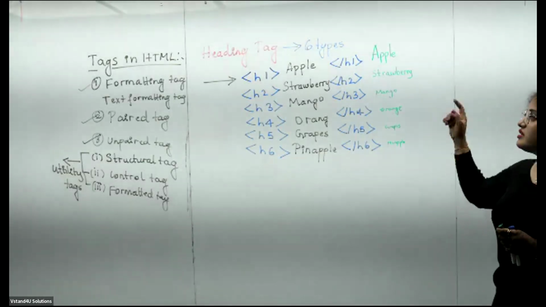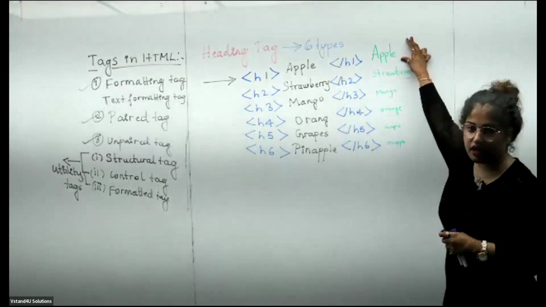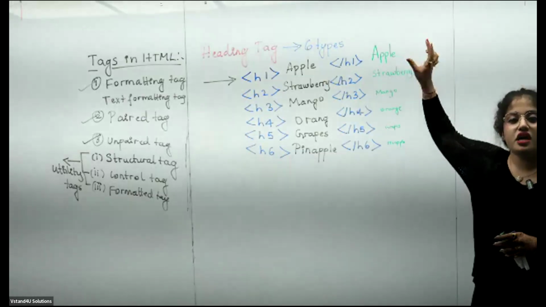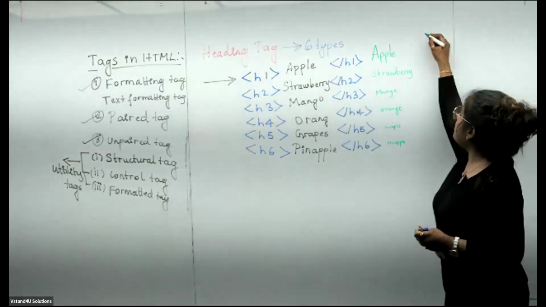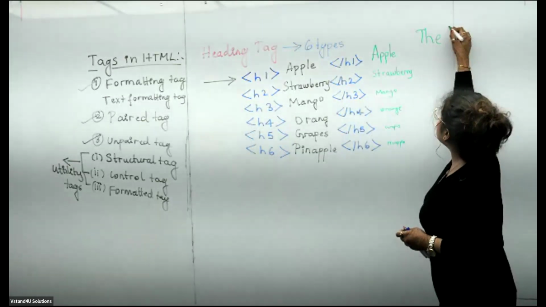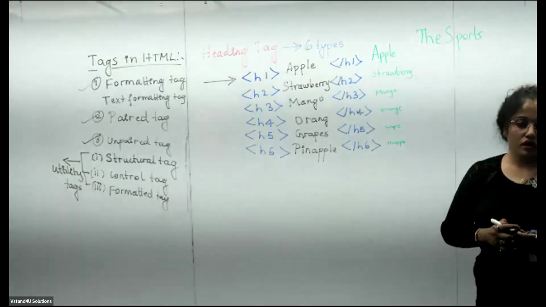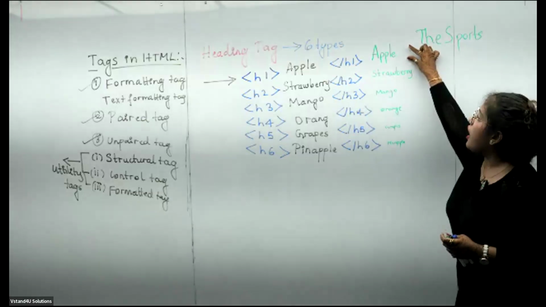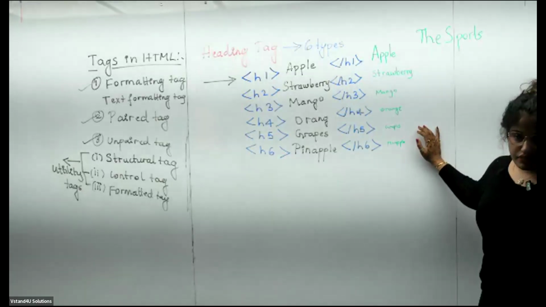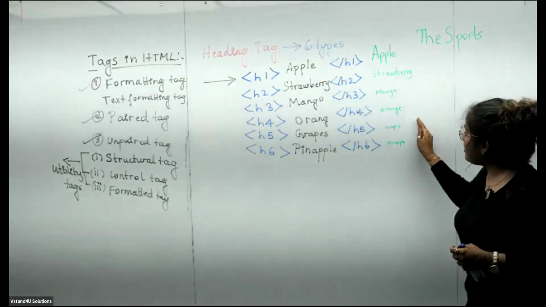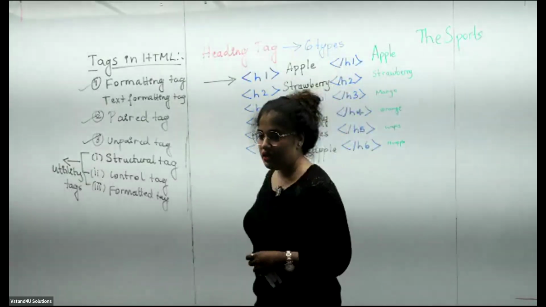Whenever you use the heading tag, if you mention H1 tag, since H1 tag is the very first element, or if you see Wikipedia and all, you will have something in very big letters. Yes or no? That is nothing but your H1 tag. So if you see here, as the tag numbers are increasing, don't you see that the size is getting decreased? That is when you will be using your heading tag.